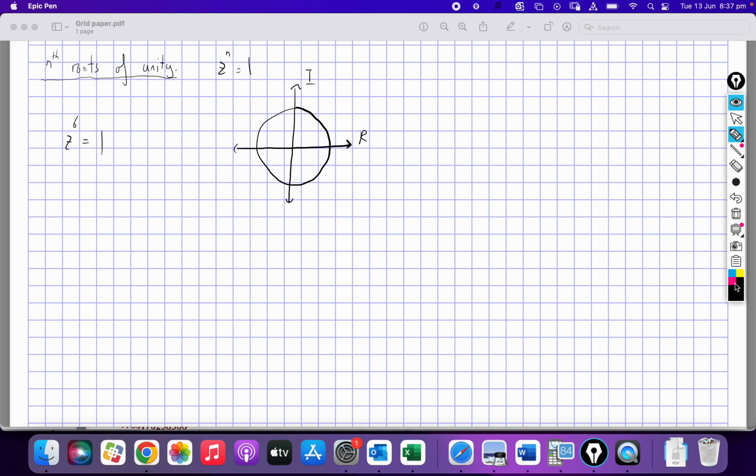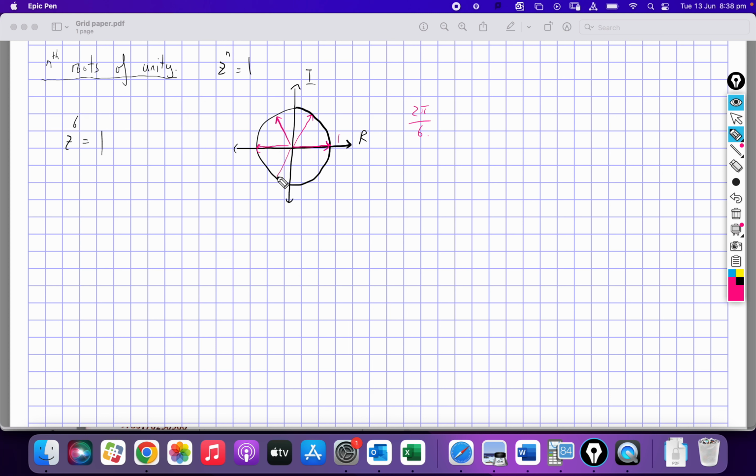Because we've got 6 roots and we've previously learnt that they'll space themselves evenly around the circle, the first one will be at 1, and then I basically just need to break up my space here, 2 pi, into sixths, right? So I'll be here, then here, here.